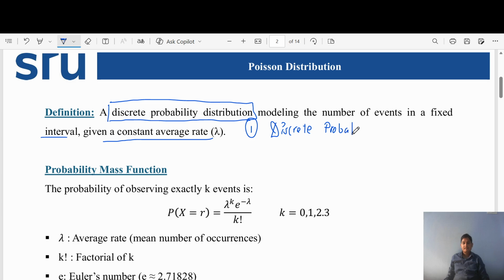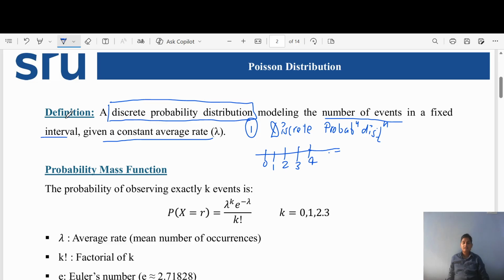This is a discrete probability distribution. We evaluate each event at each point, a specific point x equal to 0, 1, 2, 3, 4, and so on. It is modeled on the number of events in a fixed interval.